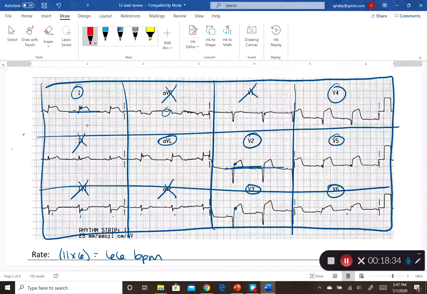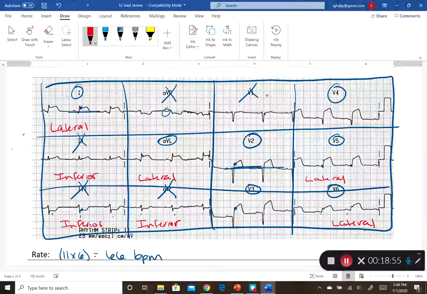So I got my lateral wall, I have my inferior, my septal, and my anterior.